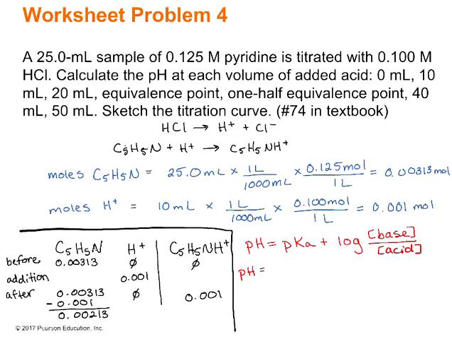To find the pKa, we need the negative log of the Ka value, but we don't know the Ka value, so we're going to use our equation where Ka times Kb is equal to 10 to the negative 14th. Then we divide that by the Kb value of the weak base, which we said earlier was 1.7 times 10 to the negative 9th. And that will give us the Ka value.